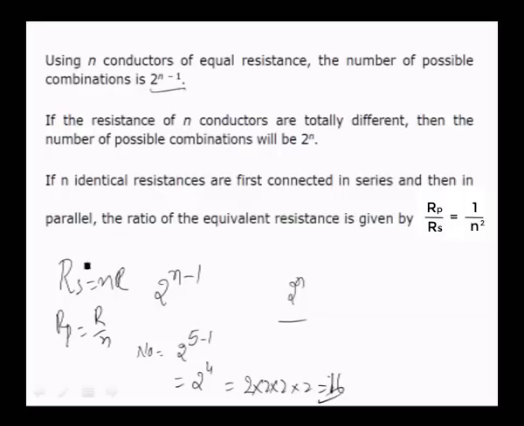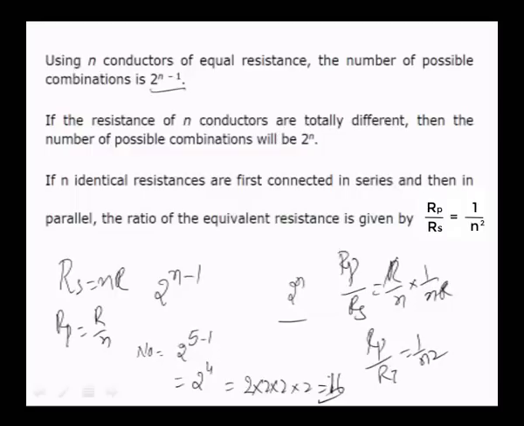If you take the ratio of these two, that is RP divided by RS, RP is R by n and RS is nR. Cancelling, we get RP divided by RS is equal to 1 by n square.